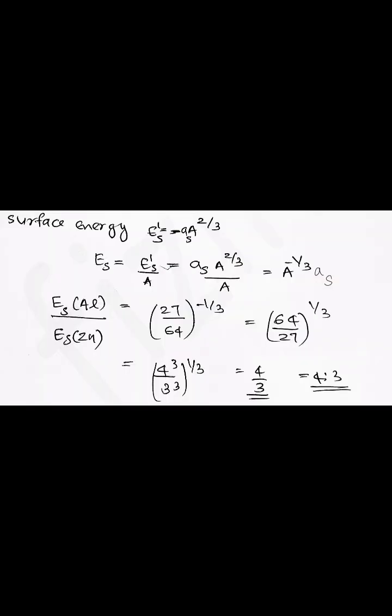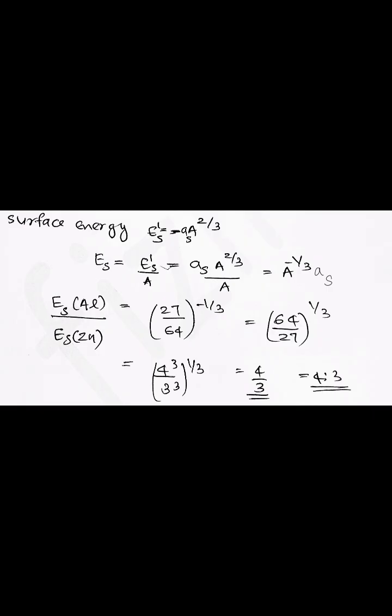Next question is, let E_S denote the contribution of the surface energy per nucleon in the liquid drop model. The ratio of E_S of 13Al27 to E_S of 30Zn64 is dash. We know surface energy is −A_S A^(2/3). Let it be E_S'. Then the surface energy per nucleon E_S = E_S'/A = A_S A^(2/3)/A = A^(-1/3) A_S.